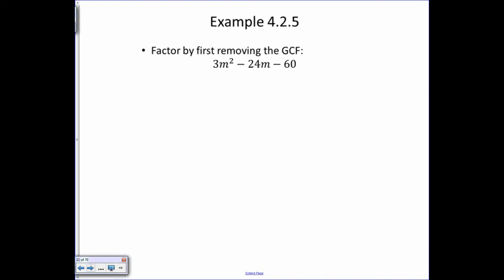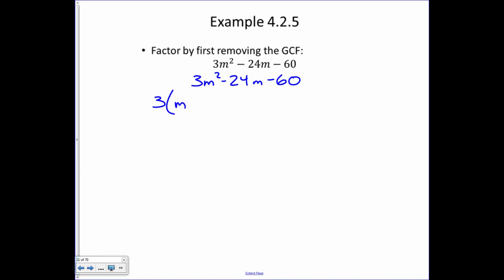So sometimes it's beneficial to remove the greatest common factor first. And so in this case, we have 3m squared minus 24m minus 60. Well, they're all divisible by 3, so we can take the 3 out.